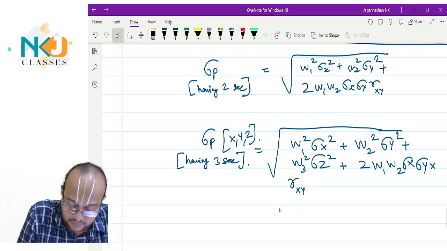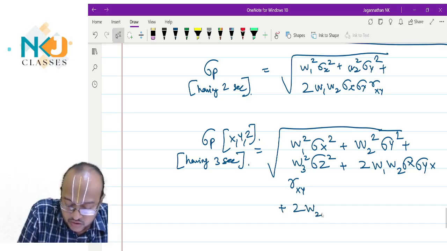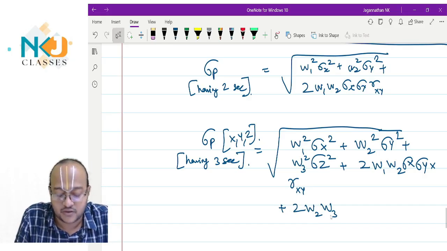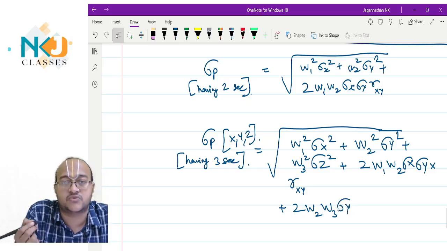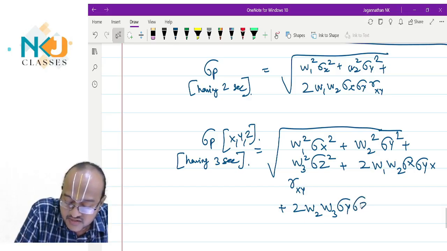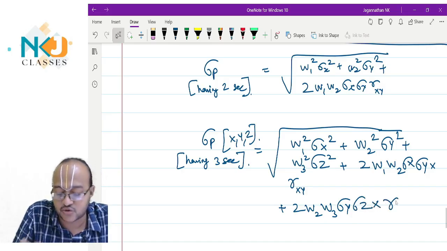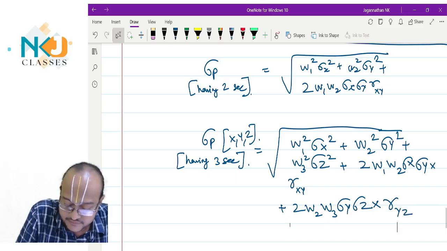Clear? Plus 2 into W2 W3, sigma y, because the second security is y, then the weight of the third security, sigma z, into correlation of which two securities now, 2 and 3, yz, correct.